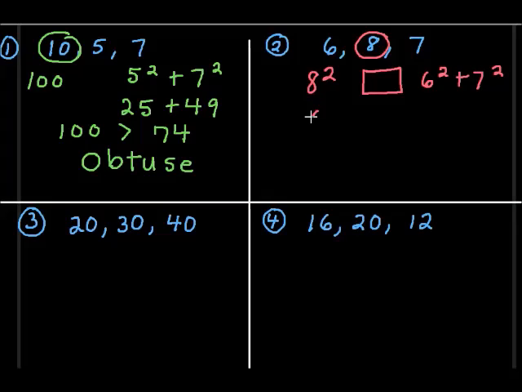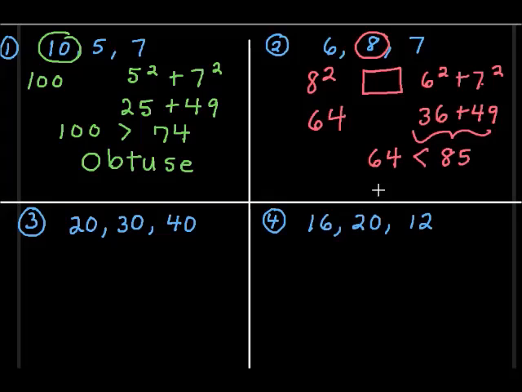Well, 8 squared is 64. 6 squared is 36. 7 squared is 49. I want to add those two together. 36 plus 49, I get 85. In this case, that largest side, when I square it, is smaller than the sum of the squares of the other two. And that makes this triangle acute.